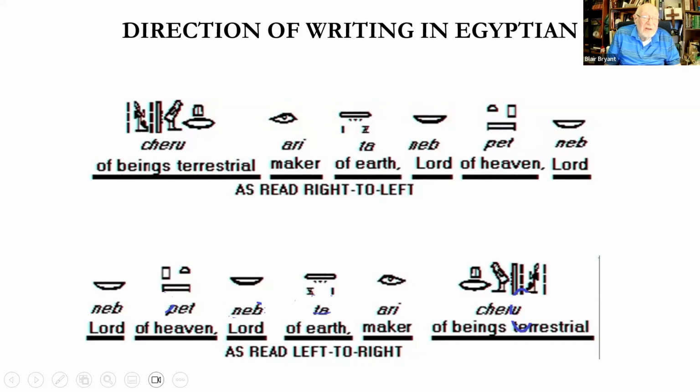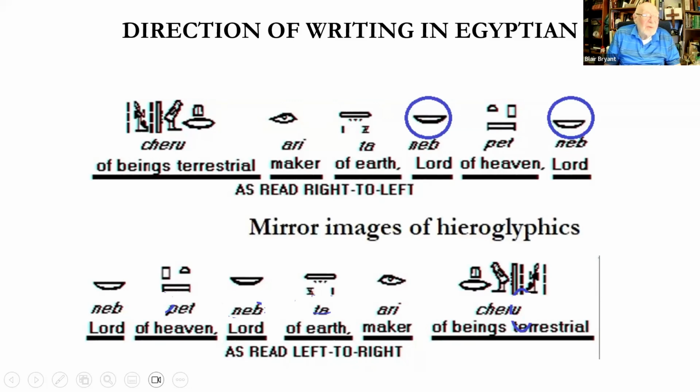The chick and the man are reversed. So I'd been looking for 2 years for the wrong thing. No, I've been looking 2 years for the right thing in the wrong direction. So I realized I had to have a mirror image of the hieroglyphics that were in the books before I could find the rest of those connections.